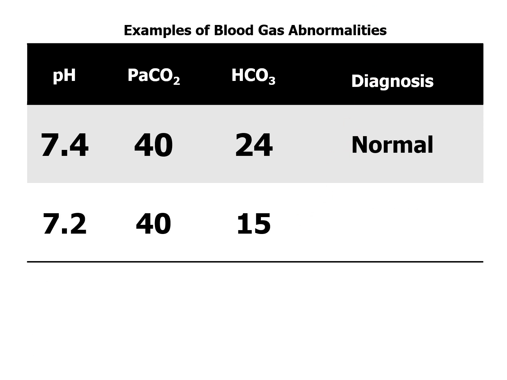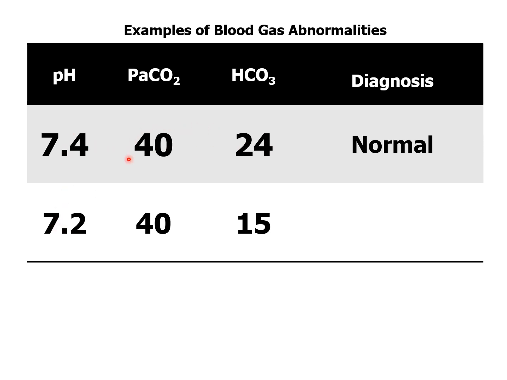So we have here another example of a blood gas abnormality. So these are our given: 7.2, 40, and 15. These are our normal values for pH, PaCO2, and bicarbonate respectively. So of course, this is an example of an acidosis because the pH of the blood is lower than the normal value.